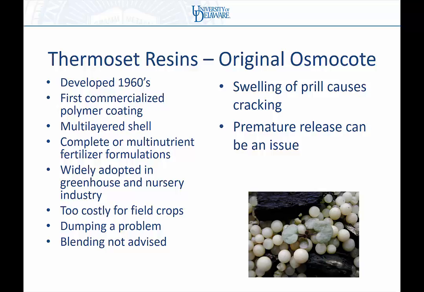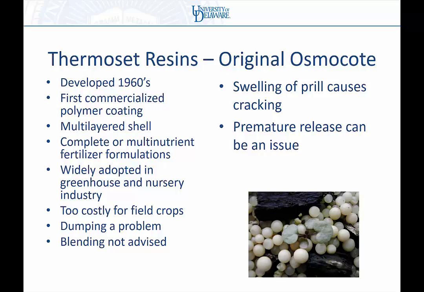It did have a problem though. The way that it worked, as the water entered into the granule, it started to swell. And oftentimes that swelling occurred so quickly that the coating would burst. And then you'd get dumping of what was inside.